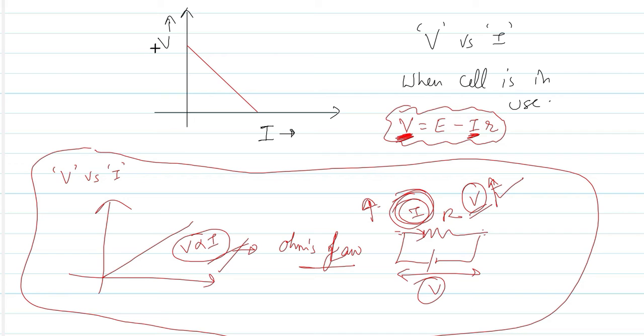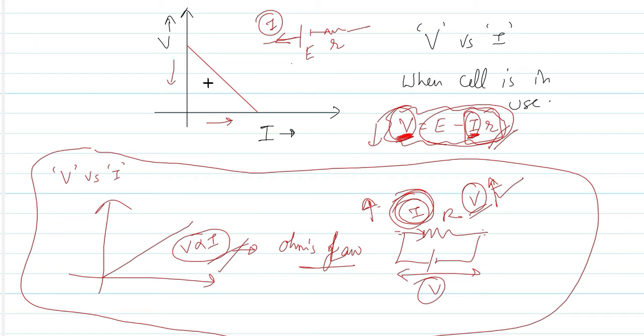Now come back to the cell condition. What is happening when we draw a V versus I graph is the case of a cell. We are drawing more and more current, and when you draw more current from the cell, this term Ir becomes higher and the whole term V becomes smaller, right? So with the increase in current, potential starts decreasing.